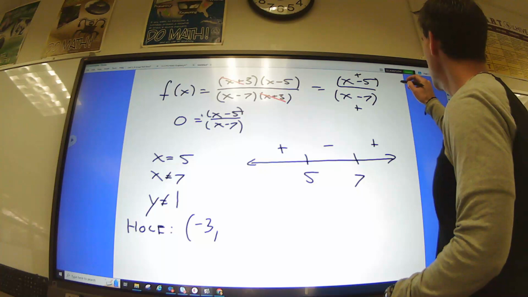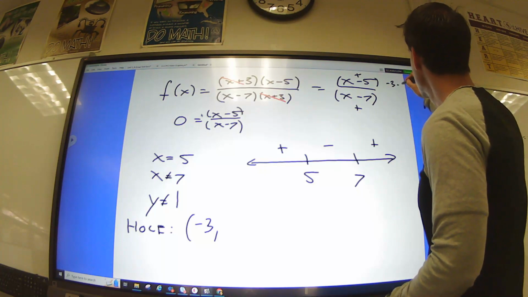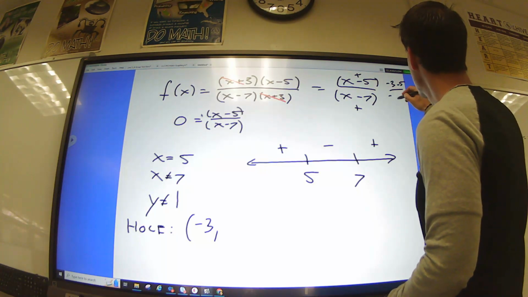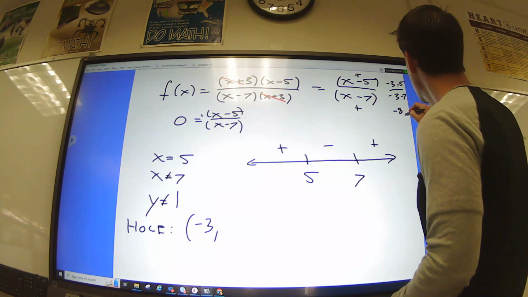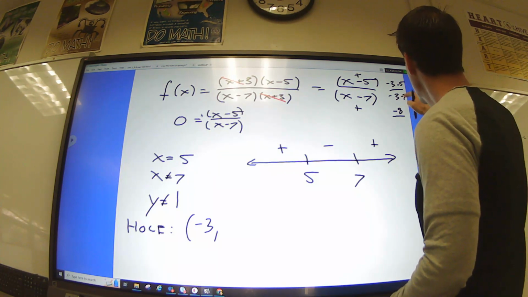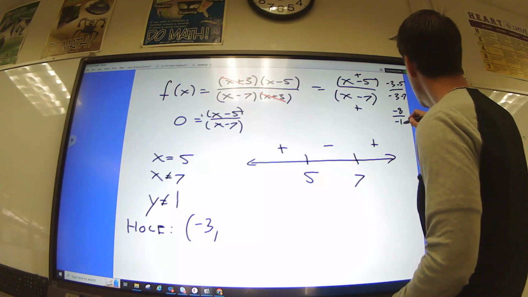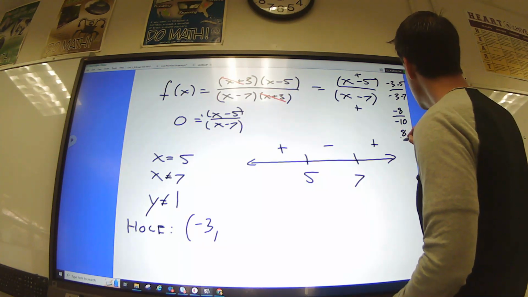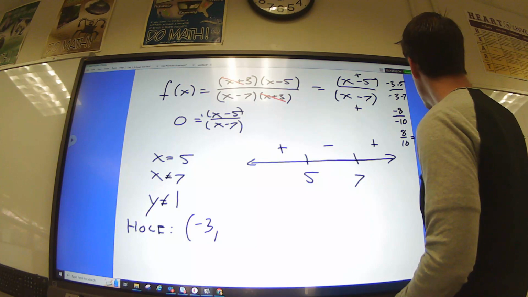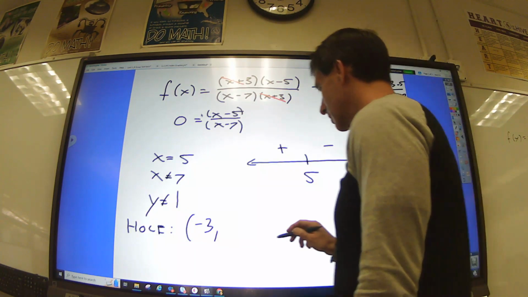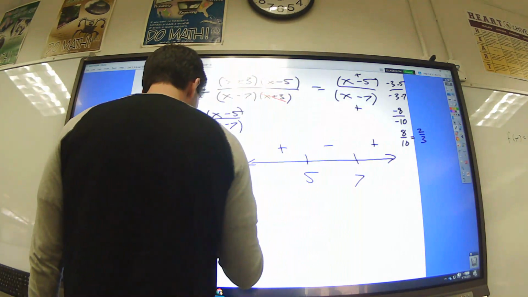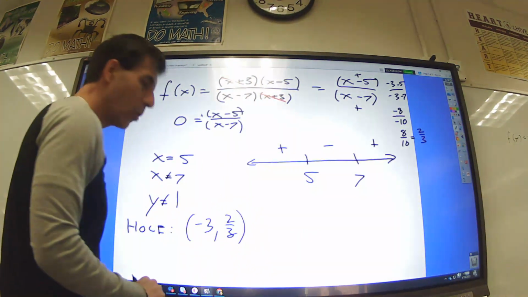We'll go here, negative 3 minus 5 over negative 3 minus 7. Negative 3 minus 5 is negative 8 over negative 3 minus 7 is negative 10, or 8/10, which reduces to 2/3, which is 0.8. 2/3. That's going to be my hole.